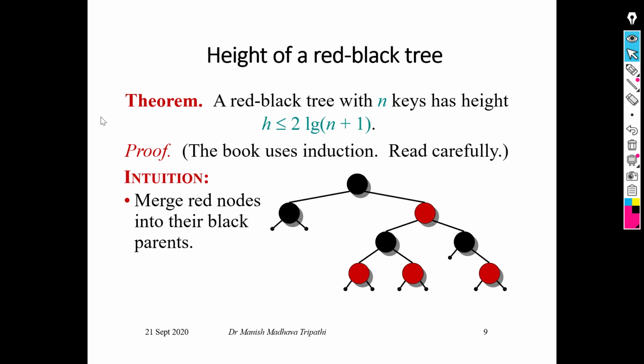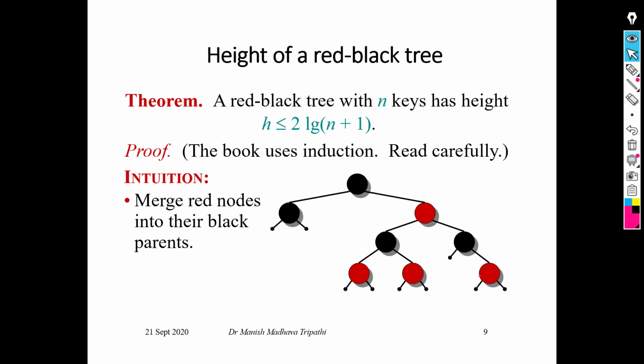Here we can see that it is a red black tree. It is a red black tree because some nodes are red and some nodes are black, and it is satisfying all the properties of a red black tree. So what we do, first of all, is merge all the red nodes into their parent.